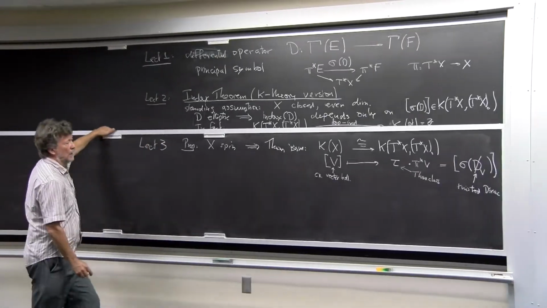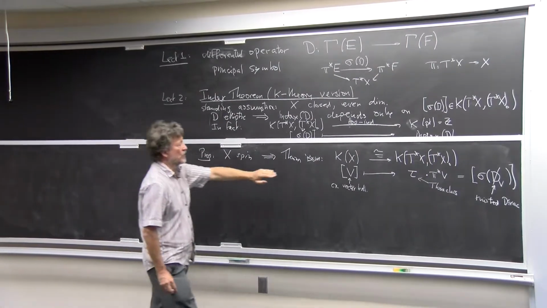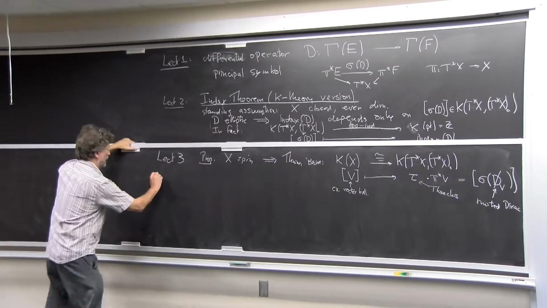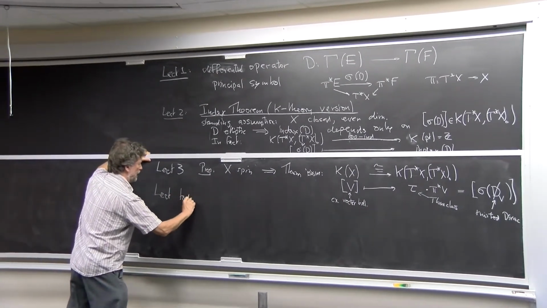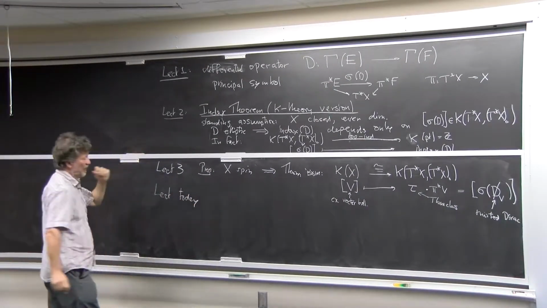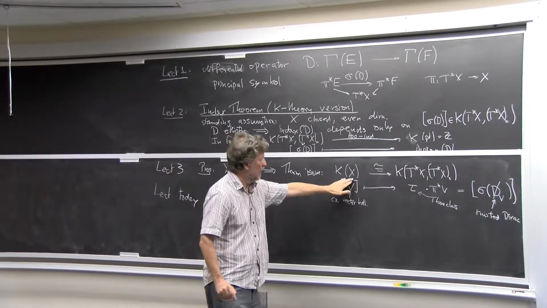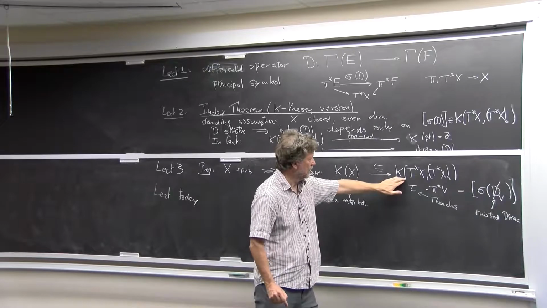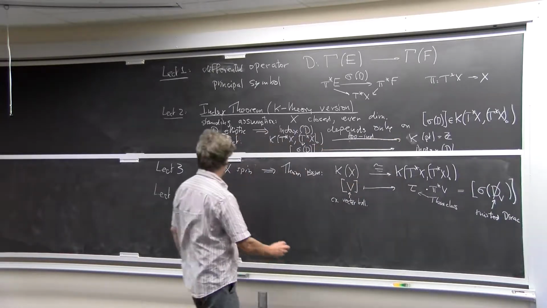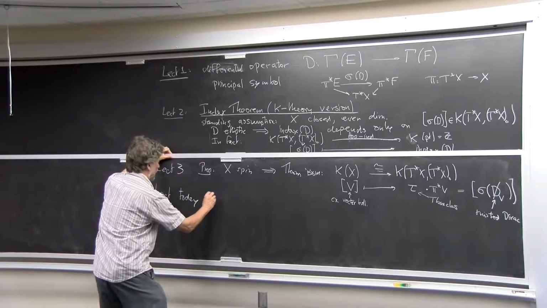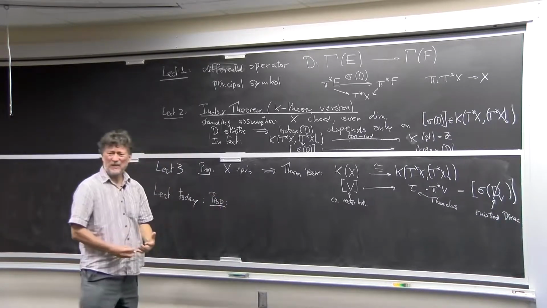So what we want to do in the lecture today is, well, it would be very desirable to understand the composition of this map, this Thom isomorphism, with the topological index map, right? So we want to understand this more explicitly.